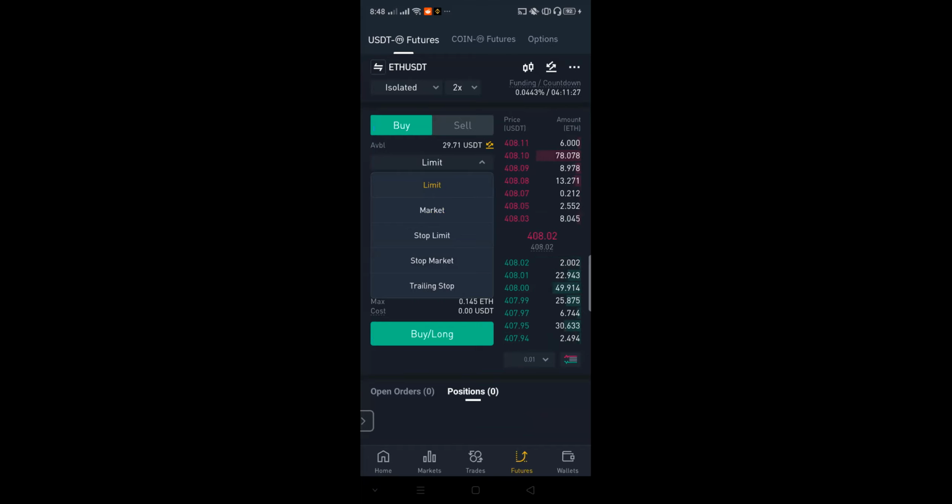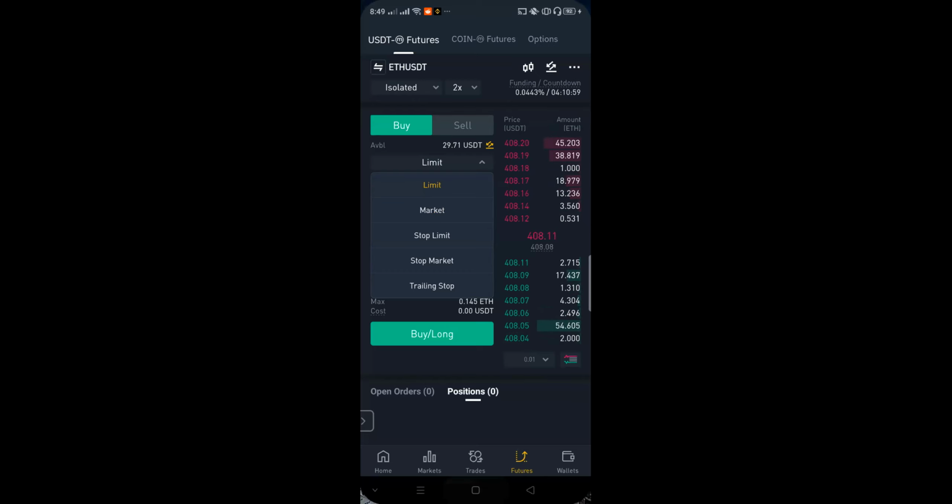Here, you are seeing limit, market, stop limit, stop market, and trailing stop. On spot, what you'll be seeing is limit, market, stop limit, OCO. Then you will use the OCO to do your sell after you have already bought.